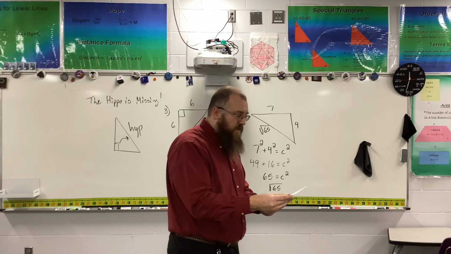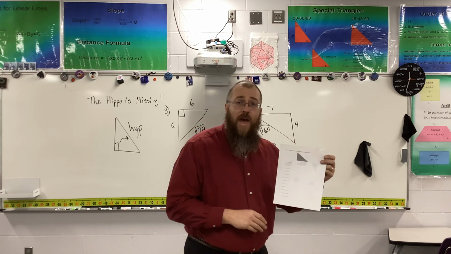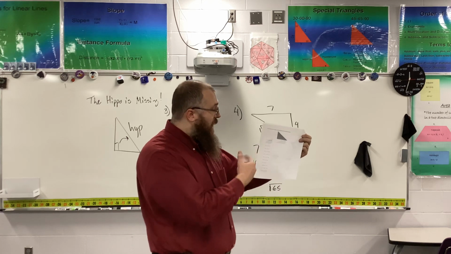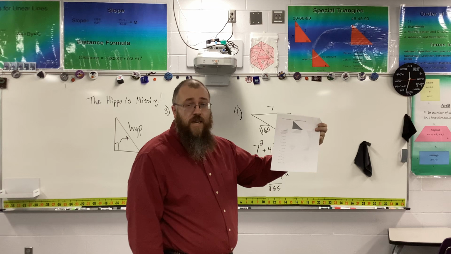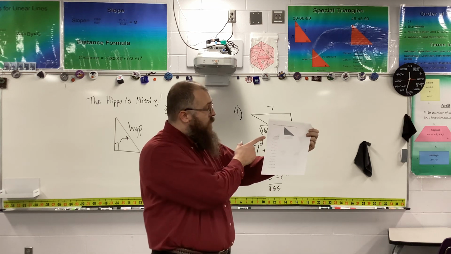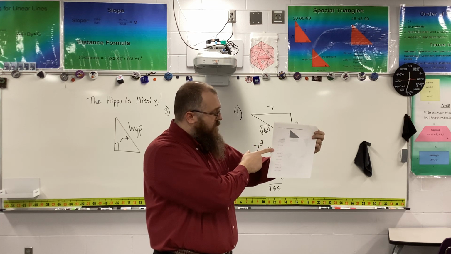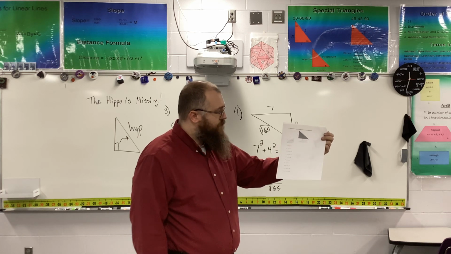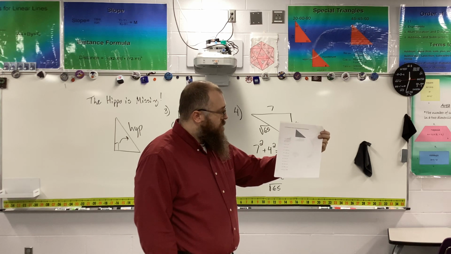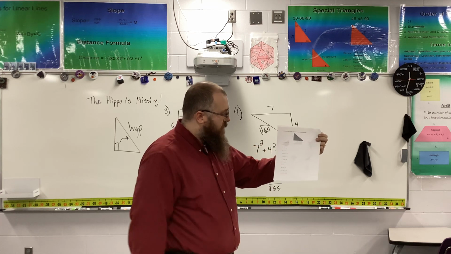On the second page of the packet, we want to do any of the problems that don't have a C. So if they have A and B, we want to do them. If they have C, we don't want to do them. So we want to do problems 1 and 2, 4 and 5.